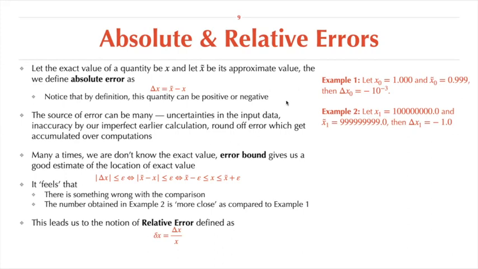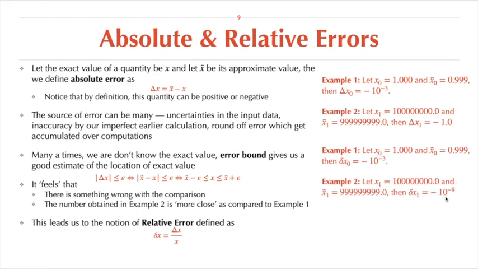If you do the same computation in this case, you will get delta x0 the same, because x0 is 1, but this is now 10 to the minus 9. So this suggests that our feel or intuition was right. In that way, this is closer to x1 as compared to this being closer to this.